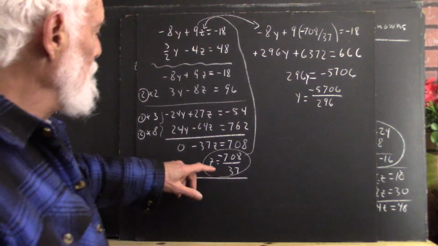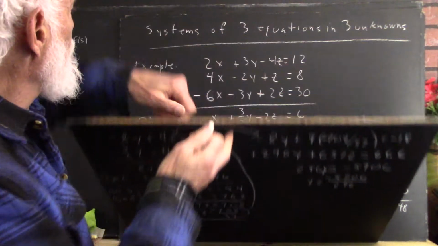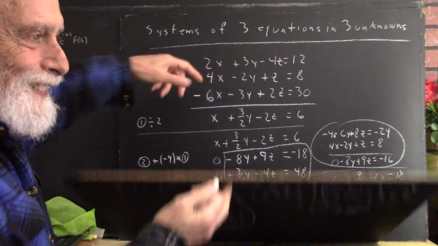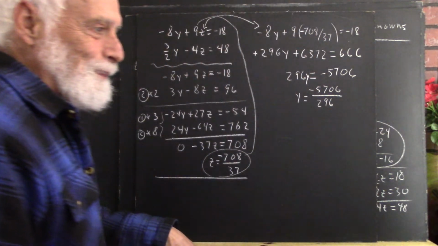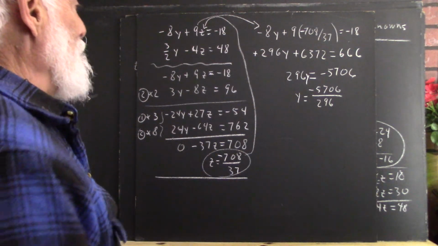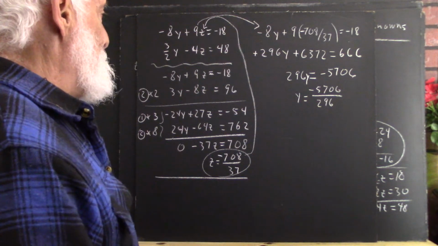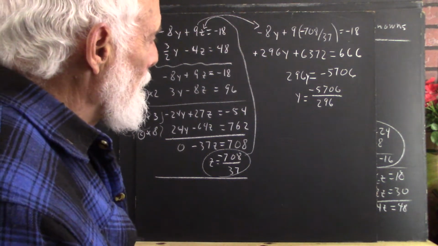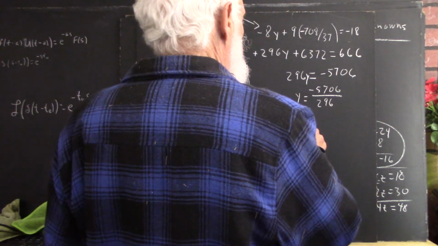Now all we have to do is take these two values and plug them in to one of our original equations. But before we do that, let's reduce this fraction. Okay? Now I know 4 goes into 5700, it doesn't go into 6, so I can't divide by 4, and 4 doesn't go into 296 anyway, so there's no point in even trying.